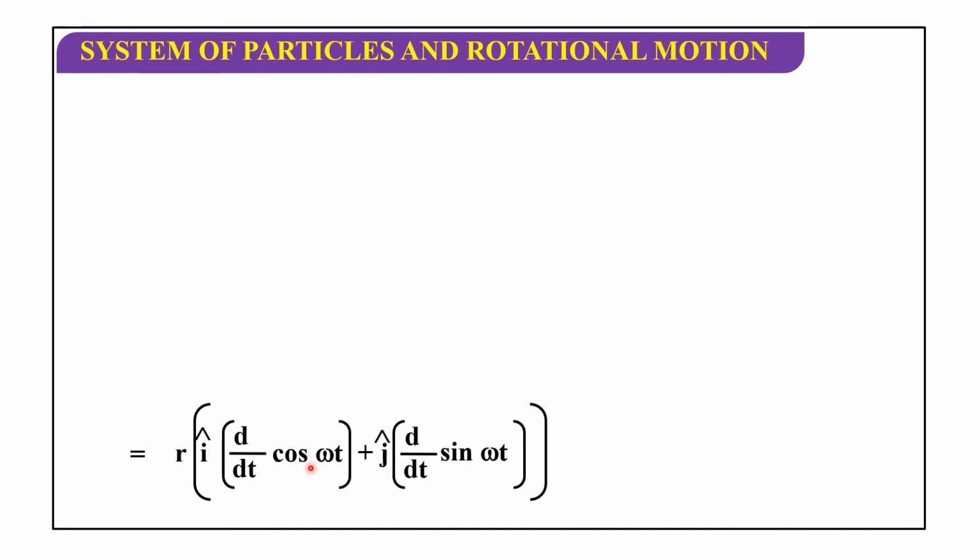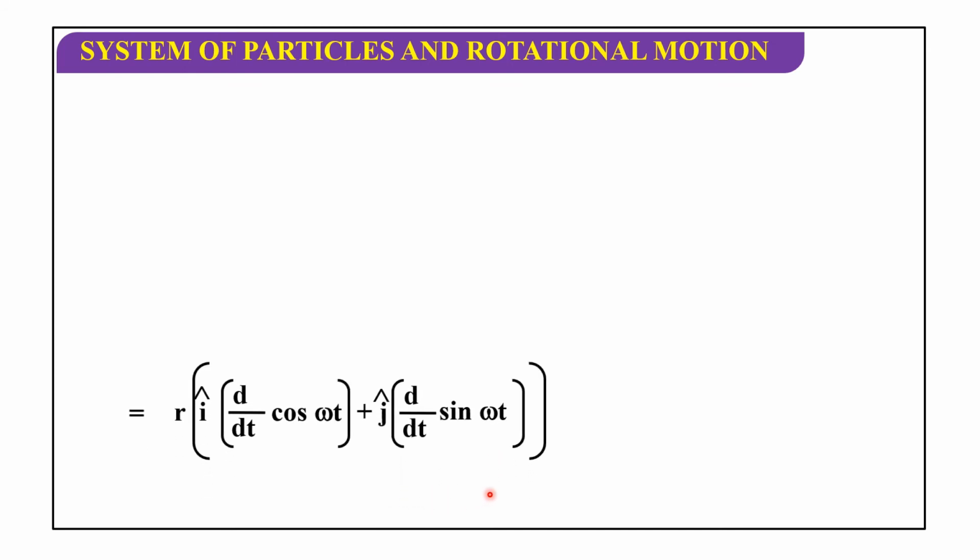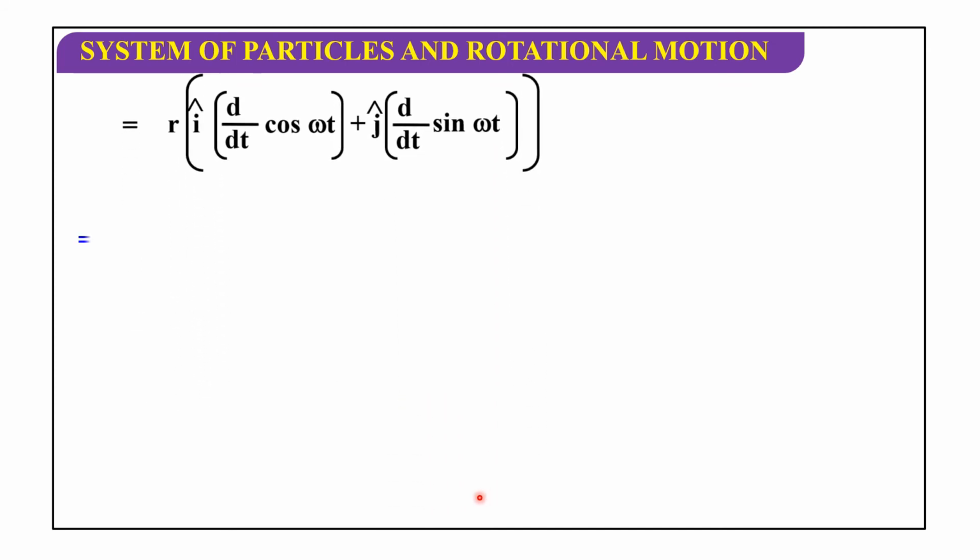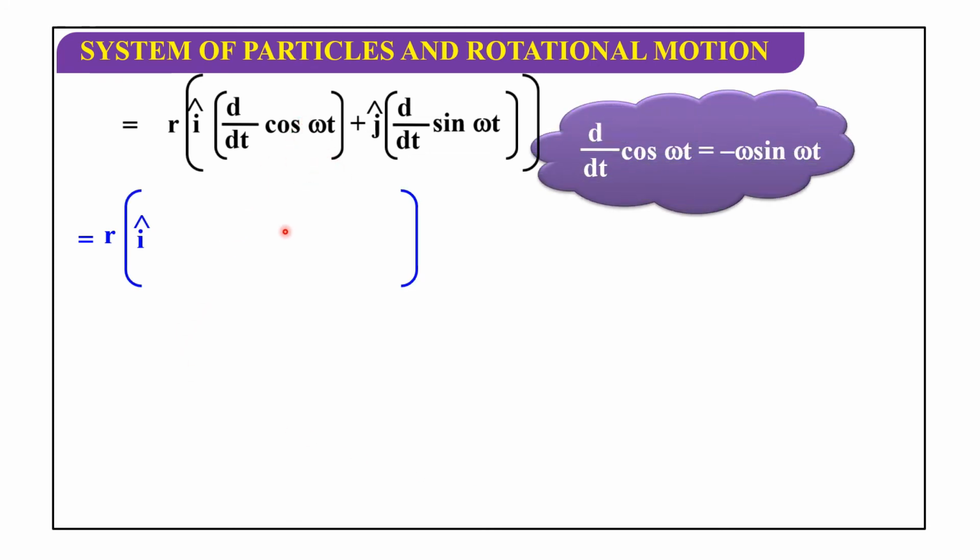So r of i cap d by dt of cos omega t plus j cap d by dt of sin omega t. Here d by dt of cos theta is minus sin theta, and theta is omega t.